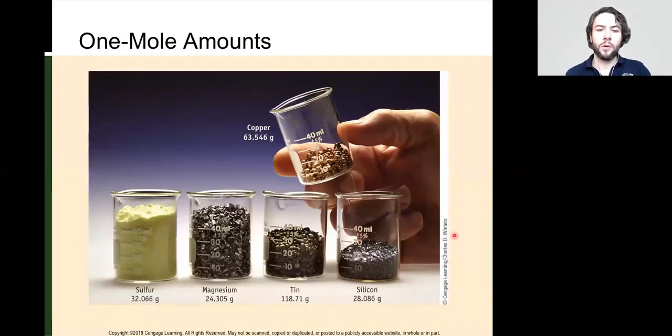Here, for example, are 1 mole amounts of different things. Sulfur has a relative atomic mass of about 32, and so 1 mole of sulfur is 32.066 grams. The mass of 1 mole of magnesium is about 24.305. For tin, it's 118.71. And for silicon, it's 28.086 grams. And then copper up here.